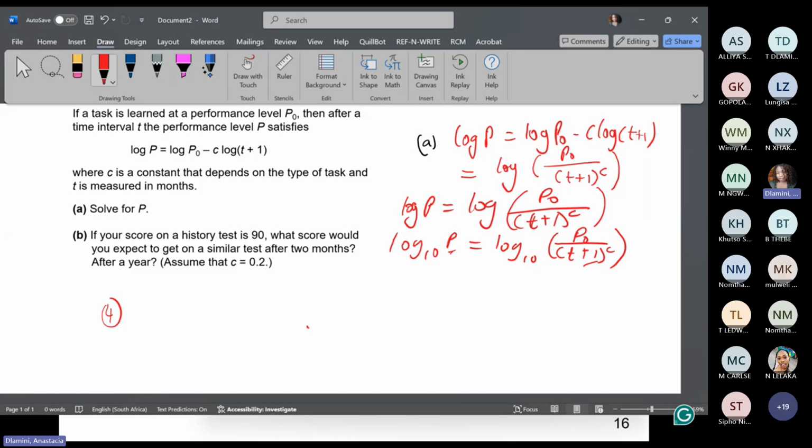Meaning that if you have 2 to the power of a, and they tell you it's the same as 2 to the power of b, right? If you decide that you will multiply by 100 this side and multiply by 100 that side, this statement will be true.